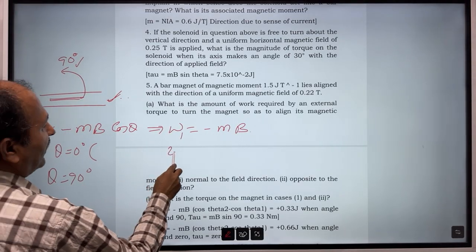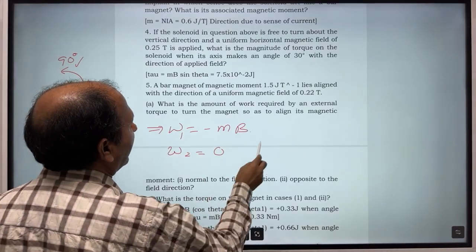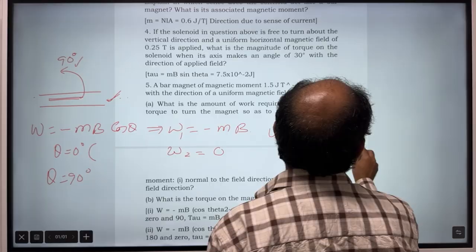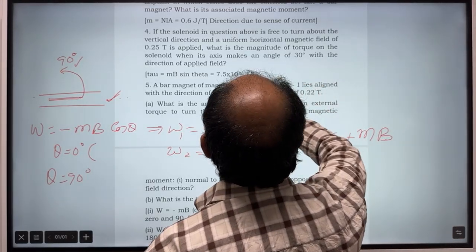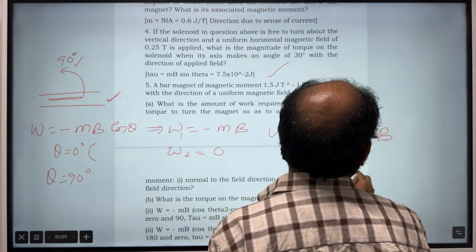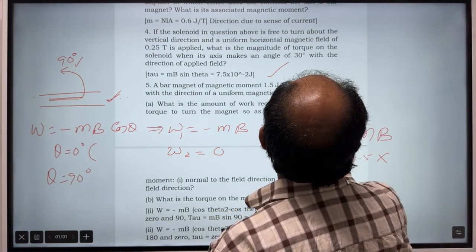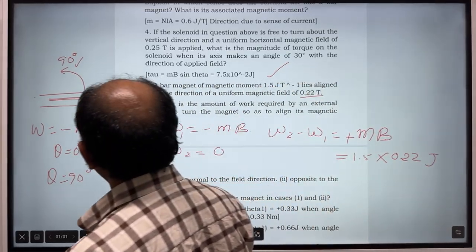In that case, we find W2, right? So that will be 0, since cos 90 is 0. Then we find W2 minus W1. That will be plus MB, right? And then we can put the values. M is 1.5 and B, magnetic field, is 0.22 joule. We can evaluate, right?